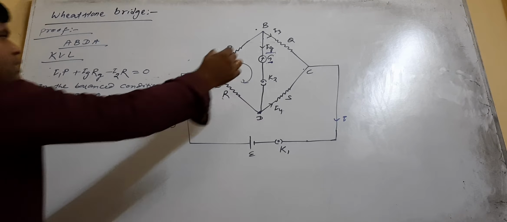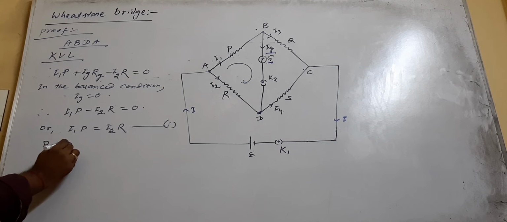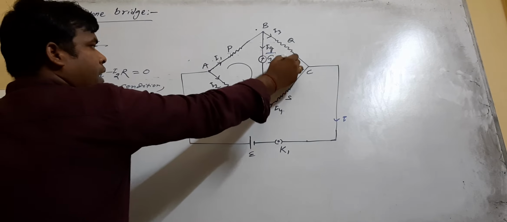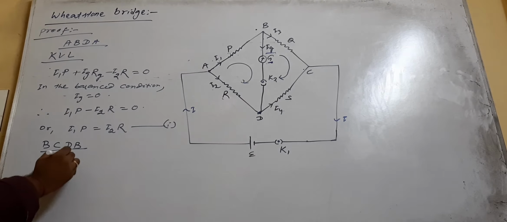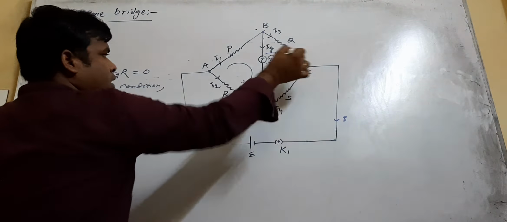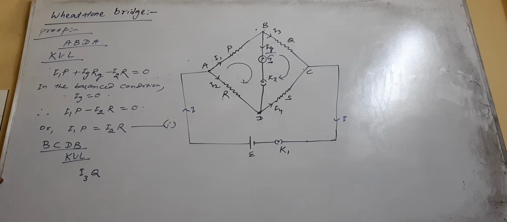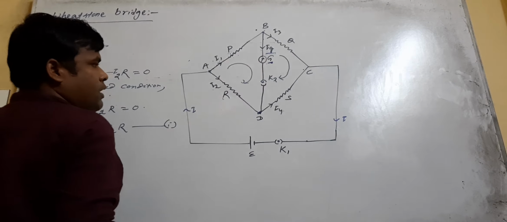Now you consider this loop BCDB, and you apply Kirchhoff's voltage law, KVL, loop rule. When you go from B to C, then it is I3Q, same direction of the current.